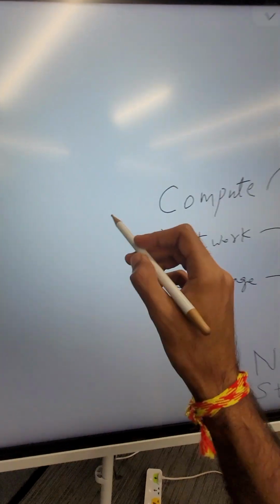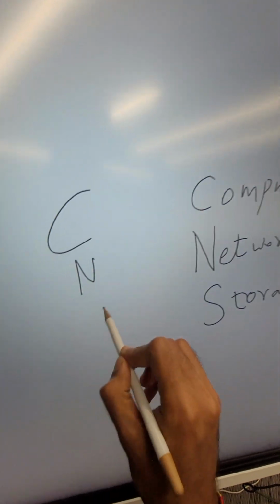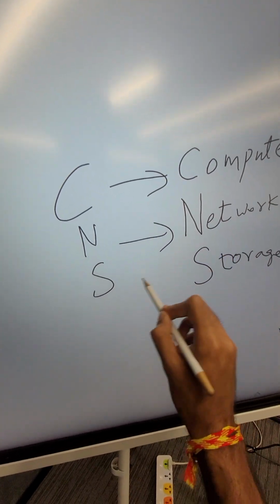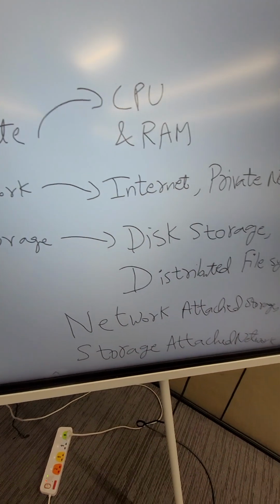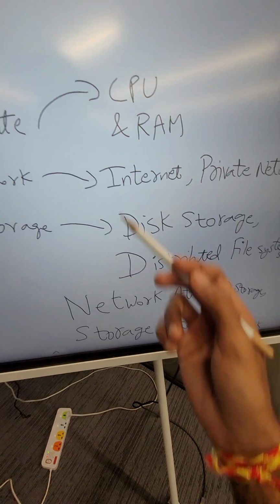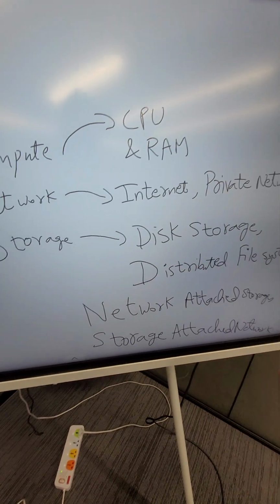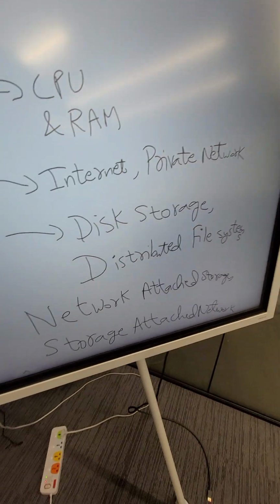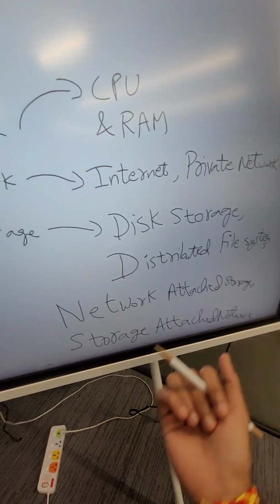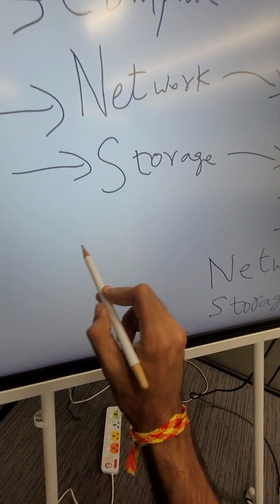So that's the CNS part. Whenever you think about resources, you think about compute, network, storage. These are CPU, RAM, and the internet, private network, and all that. And then storage, disk usually, and distributed file systems or object storage. There's also object storage, right?